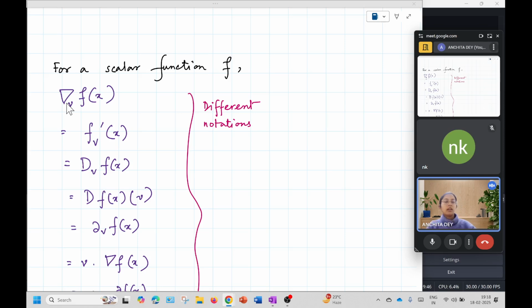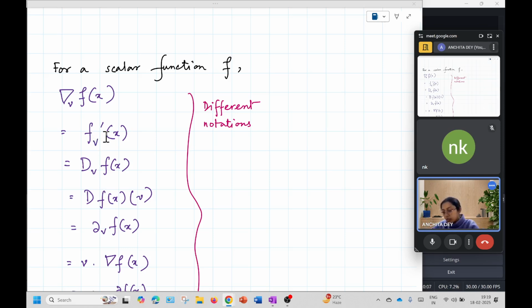Yeah, that's the nabla. It's not called delta, it's the nabla symbol, which simply says that you are taking the derivative of f along the direction of the vector v and evaluating it at the point x. We can also write it in this form, f v dash x.